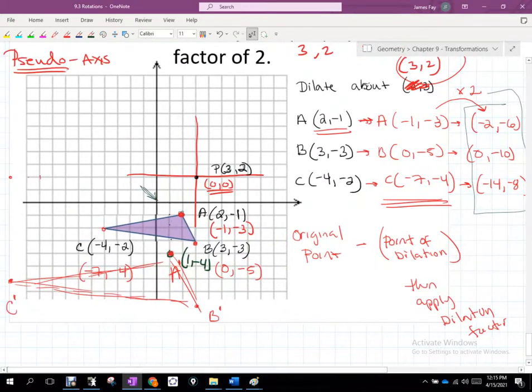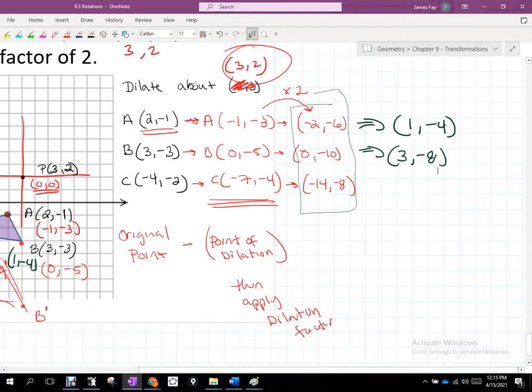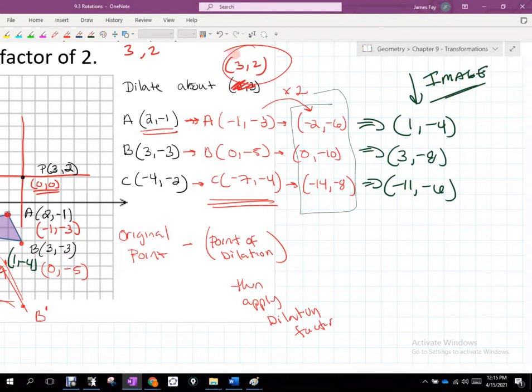And now this point here would be 1, 2, 3, 4, 5, 6, 7, 8, 9, 10, 11, and then down 1, 2, 3, 4, 5, 6. So -11, -6. And that then is my image, my final image, and this was my pre-image.